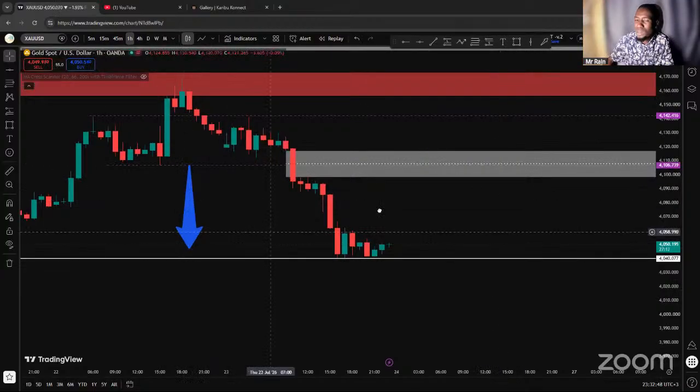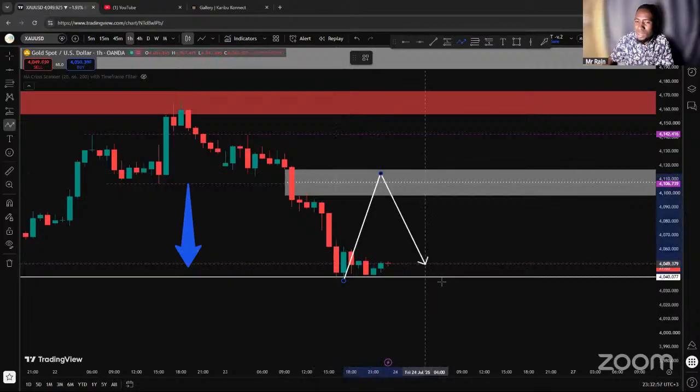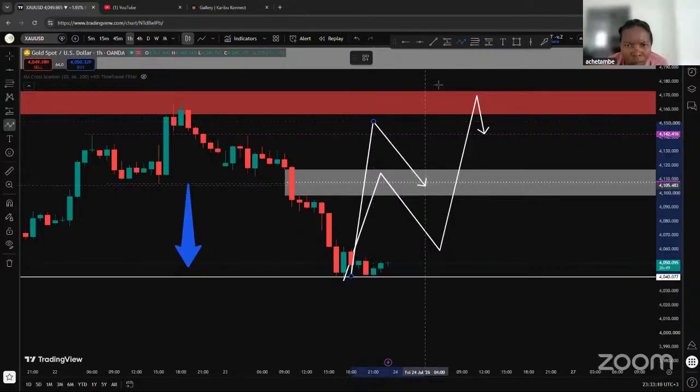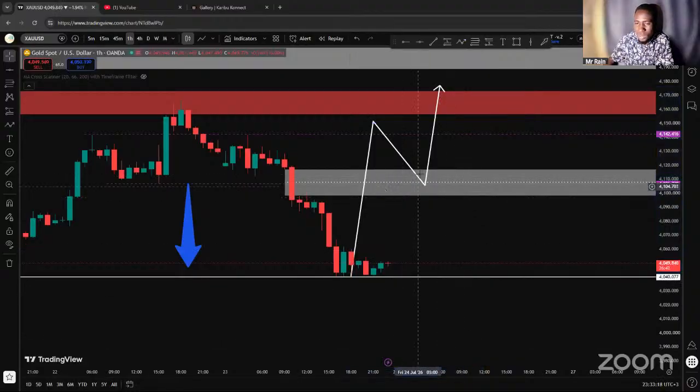The market can come back to this area, fill this gap, and then continue dropping a little before it forms another higher high, or the market can just come to this area and go up, or just come to this area and continue selling. So we have two scenarios that can happen there.